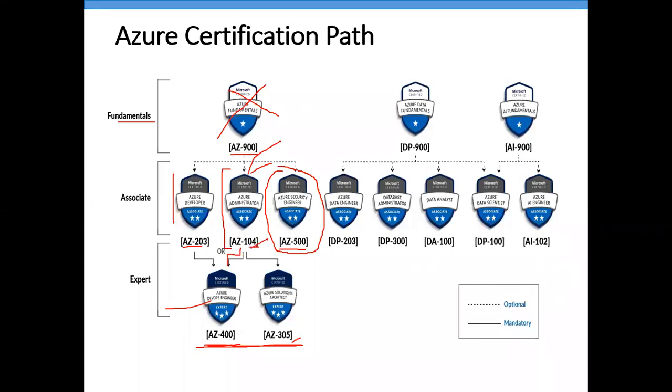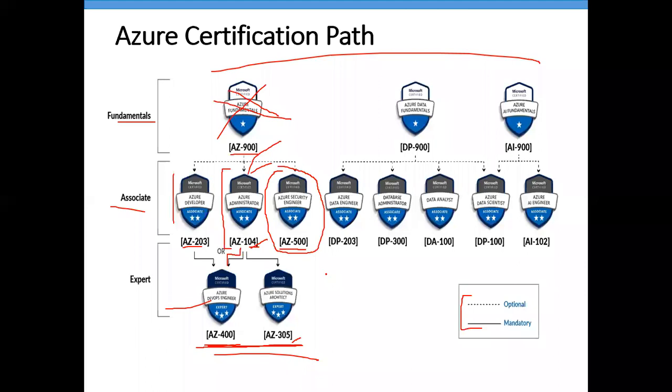The path is mandatory, not optional. But yes, 900 is optional. You can see here it is mentioned which is optional and which is mandatory. So fundamentals are optional, the top three. But if you want to come to this one, you have to follow the path. Okay, Narendra? Yeah. Thank you.